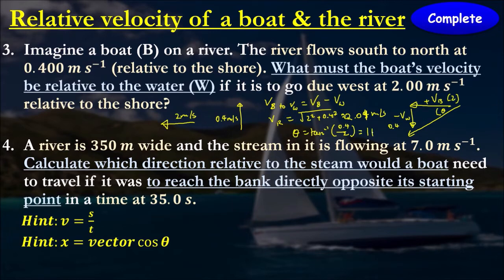And we have an angle of about 11. So in this case, the relative velocity we have is 2.04 meters per second at an angle of west 11 degrees south. So that's the movement that we see here.